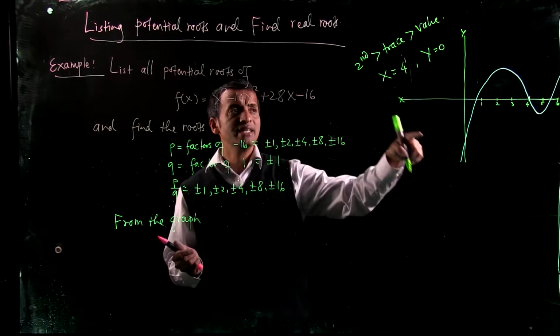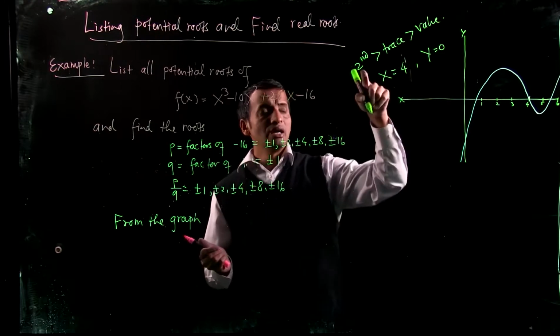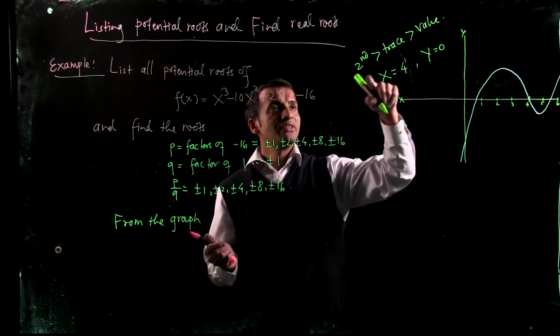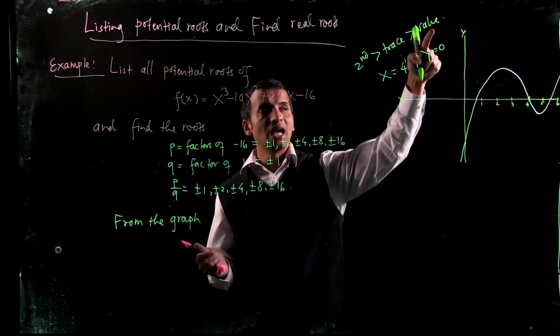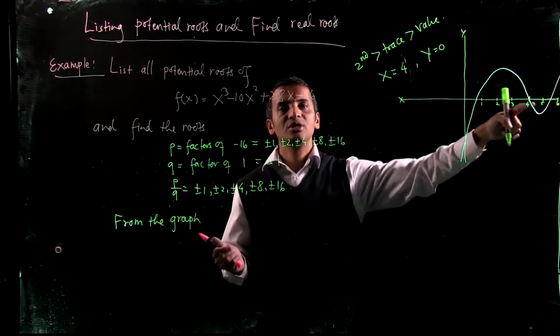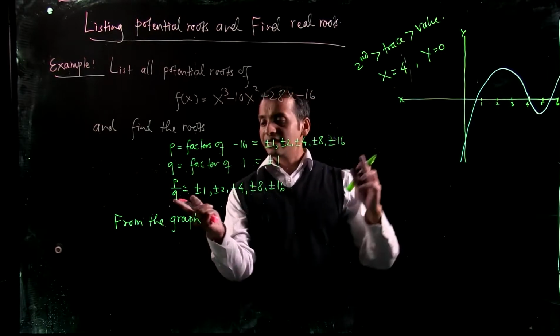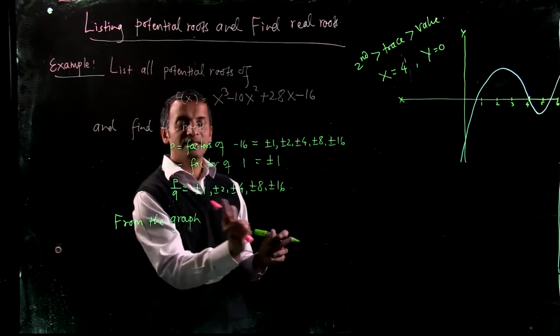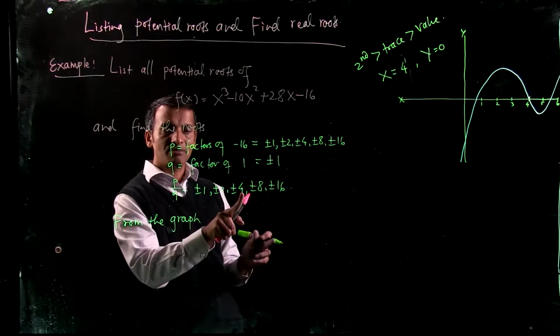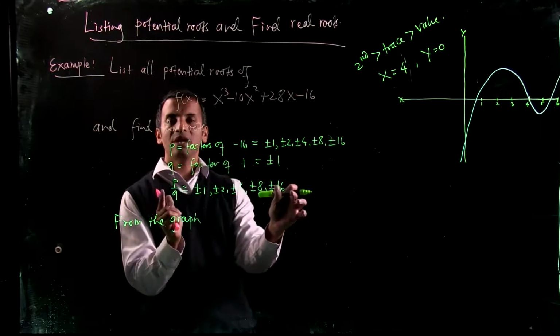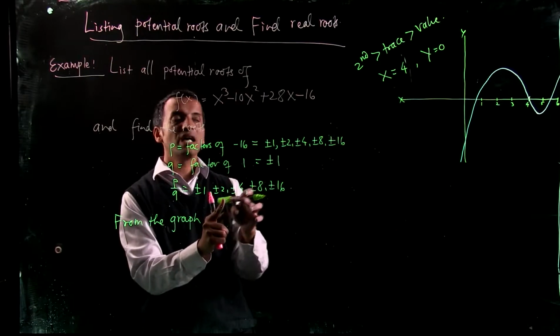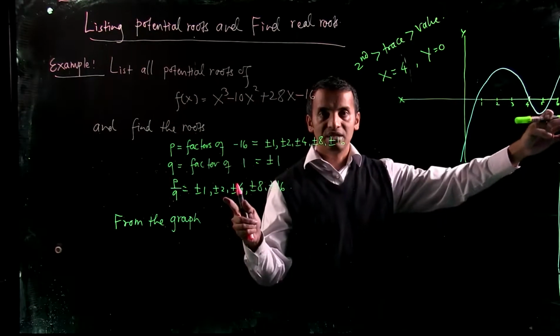What you do is use the calculator to draw the graph, then do second, trace, and value, and plug in those values you suspect. You can take the values from this list as well, because this list has plus minus 4. We don't try all those values from the list, only those values that make sense in the graph.